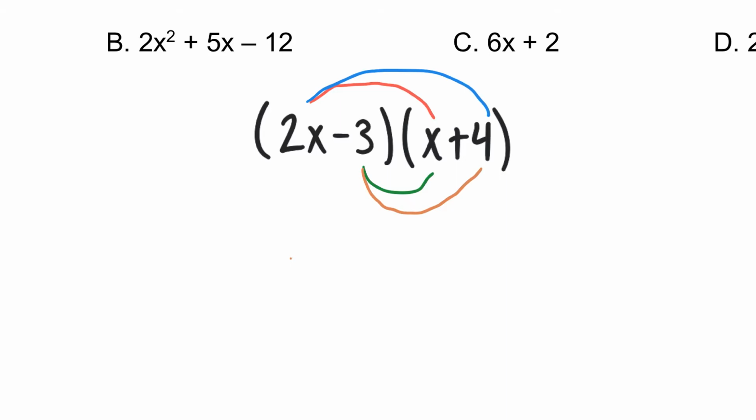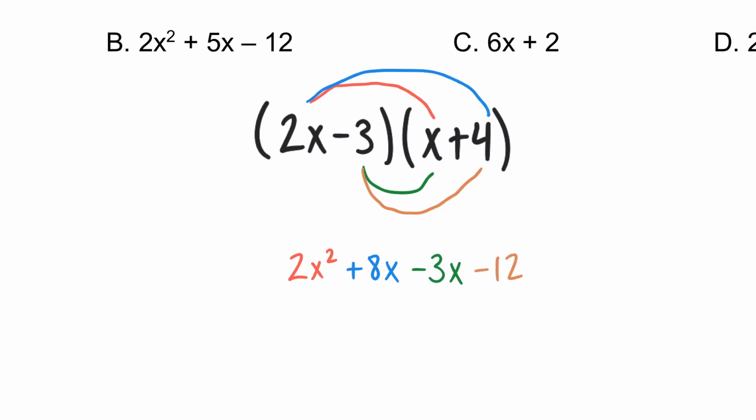So 2x times x is 2x squared. 2x times 4 in the blue is going to give us 8x. Negative 3 times x in the green gives you negative 3x. And in this weird orangish color, negative 3 times 4 is minus 12.